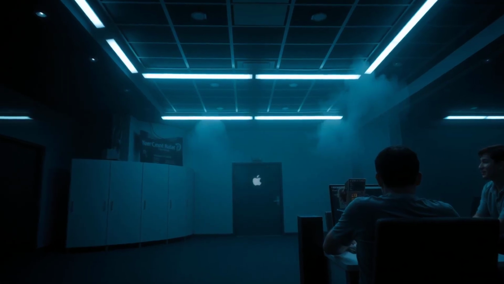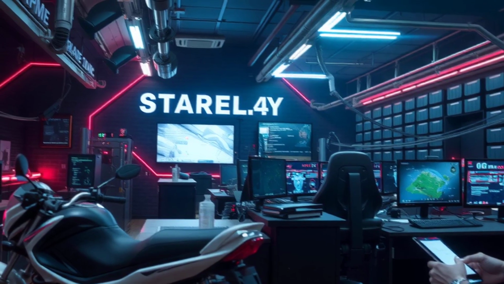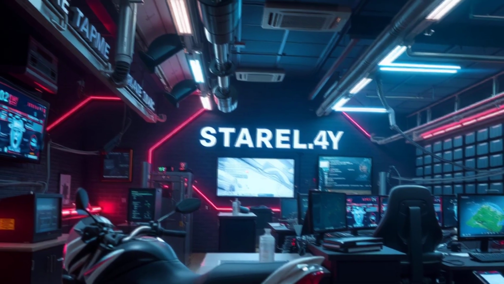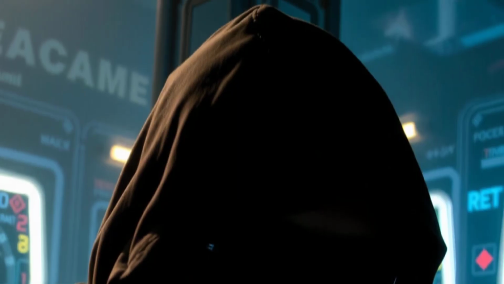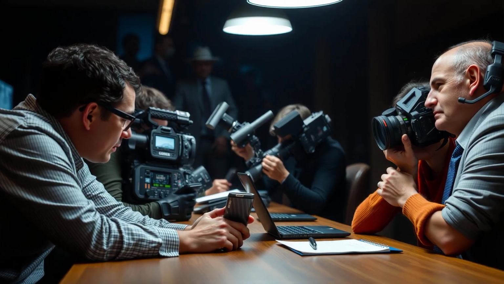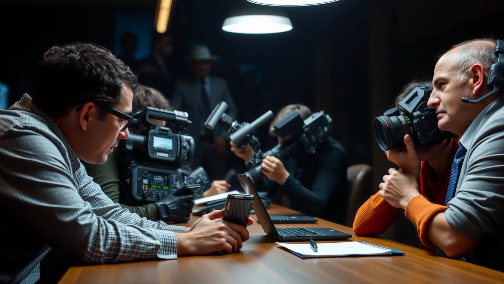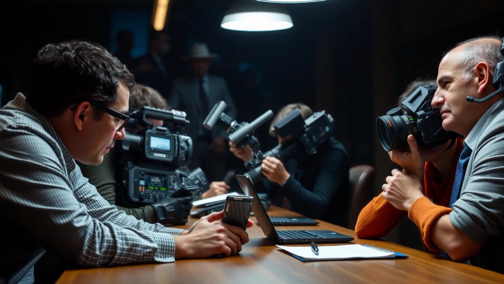Apple's language here is very deliberate. Extremely sophisticated, and targeting specific individuals isn't code for random scams. It's code for high-level espionage. Think journalists working on sensitive stories, human rights activists in repressive countries, politicians, and high-profile executives.